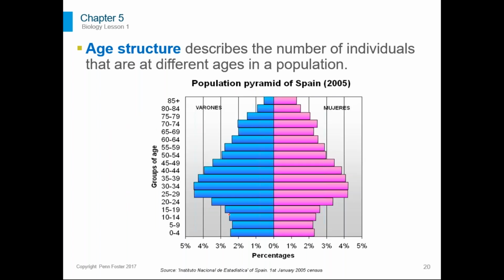Then this graph of Spain shows a different age structure. Here, the biggest groups are 20 to 40-year-olds, but there are not many children compared to the 20 to 40-year-olds. So this population will not grow the way the last one did, because as the years go by, there are not an excess of children to take the space of the older people.